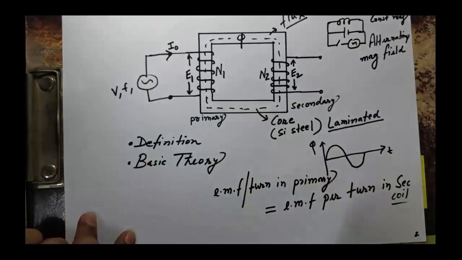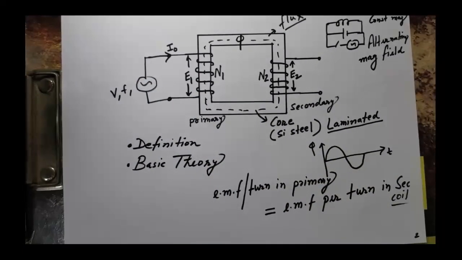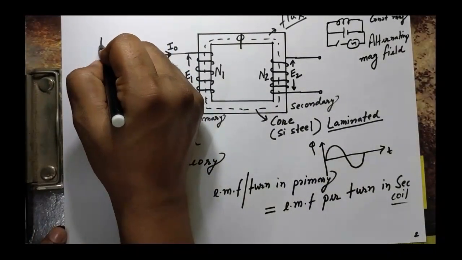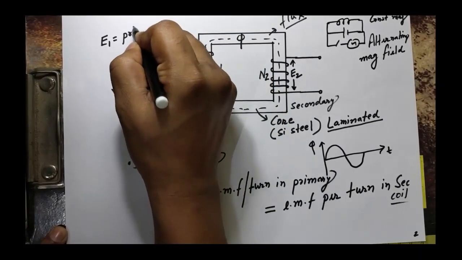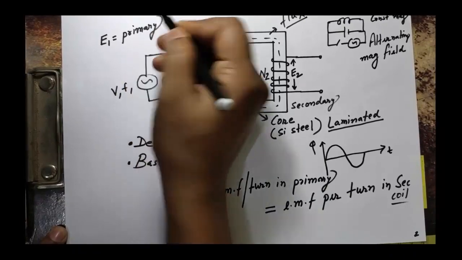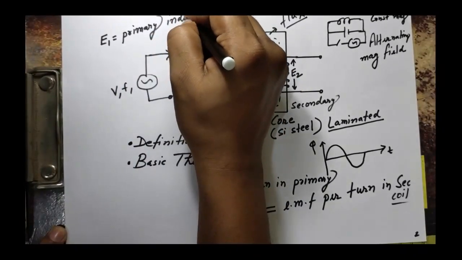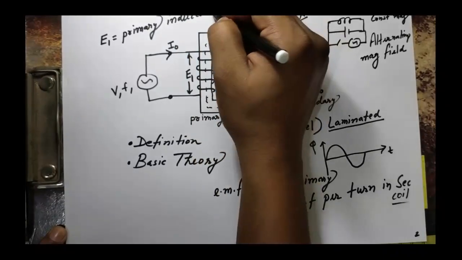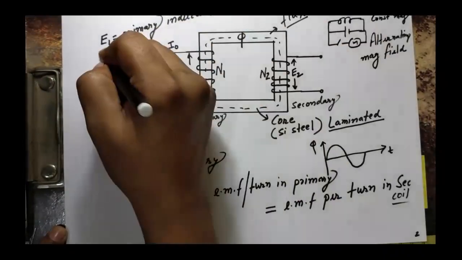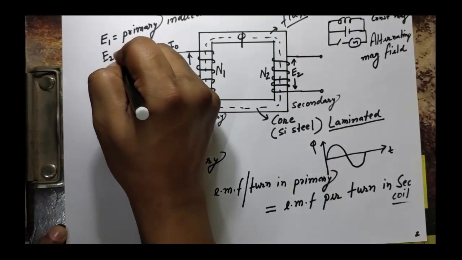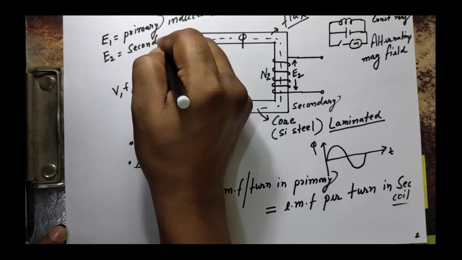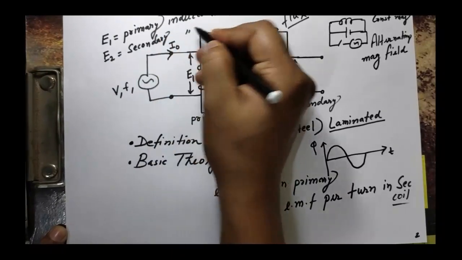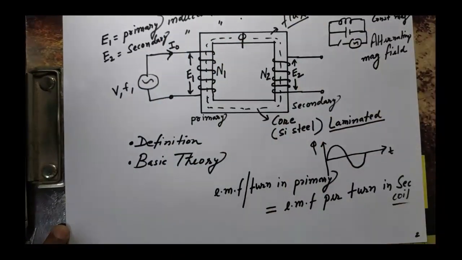So E1 is the primary induced EMF, and E2 is the secondary induced EMF.